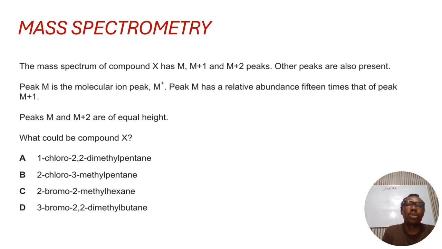So what we're supposed to do here is to calculate the number of carbon atoms, as a result of the presence of the carbon-13 isotope. We are given that peak M has a relative abundance 15 times that of peak M+1.